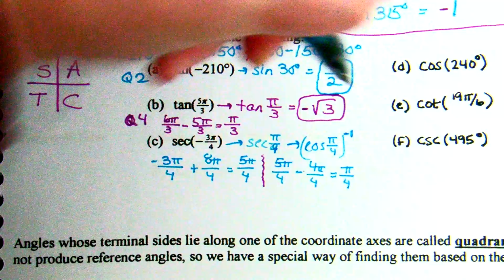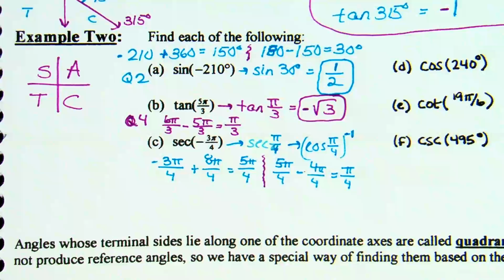So we usually write it as cosine to the negative 1. And maybe you don't want to think that way. But what my brain's probably going to do, because as I said, I don't remember the first half of the chart, I go to, okay, cosine of pi over 4. Oh, that's square root of 2 over 2. Or 1 over square root of 2. What's the reciprocal of that? Square root of 2.